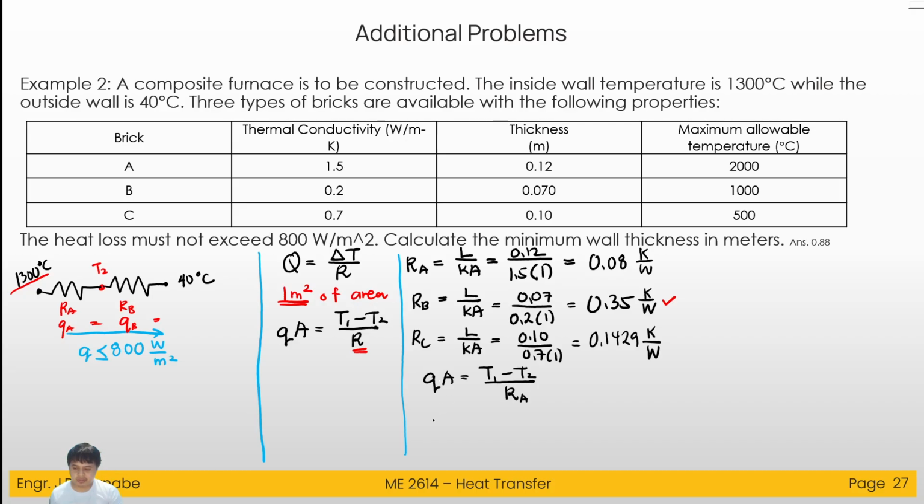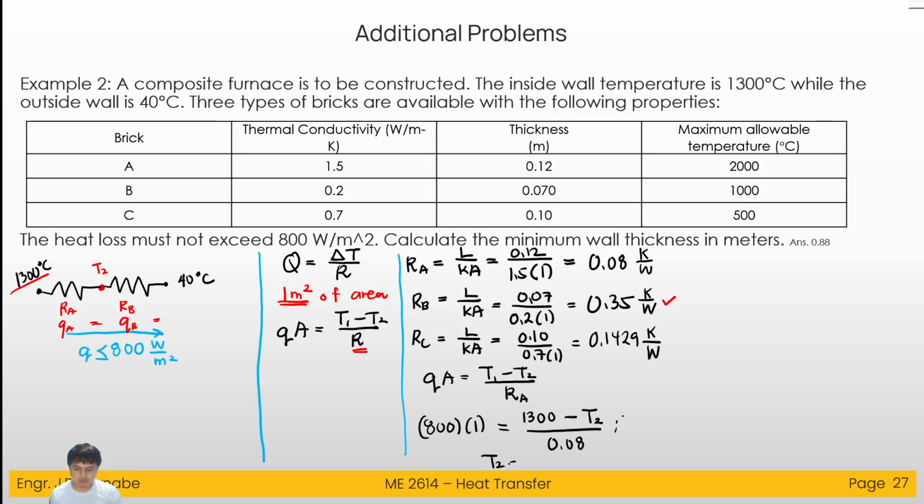So your Q here is 800 watts per square meter, and then T1 is 1,213, and T2 is unknown, and then you have 0.08. So you can solve for T2 here.